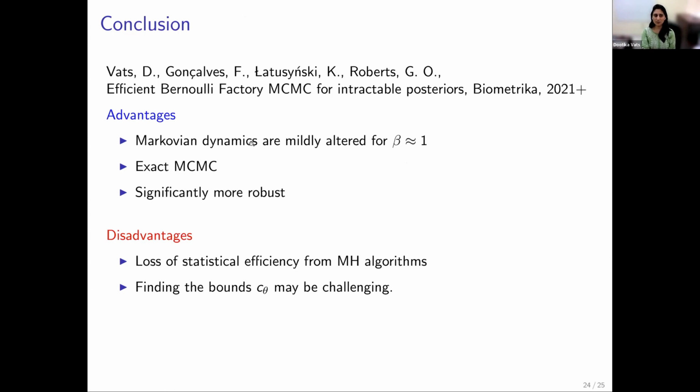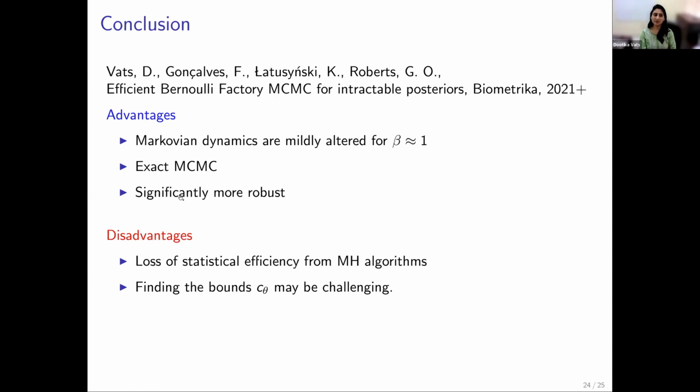But really, the advantage of the Portkey and in general the Bernoulli factory space is that in our Portkey implementation, the actual Markovian dynamics are only mildly altered if I choose beta equals 1 or very close to 1. So I get almost a similar amount of efficiency, but in addition, I get an exact MCMC algorithm, which is really different from a lot of the other algorithms implemented for intractable target densities.